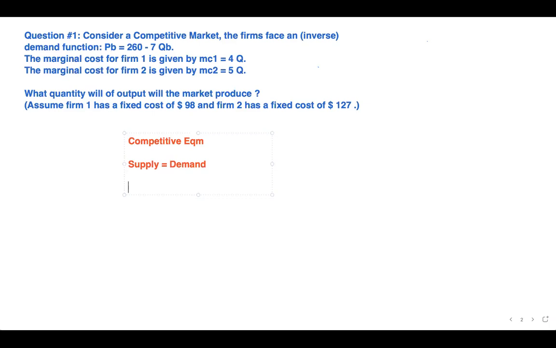How do we get the supply curve then? Okay, well, that's a good question. Does anybody know the answer to that? Okay, well, what you should know is that supply, I'll put a double equal sign, is determined by marginal cost.